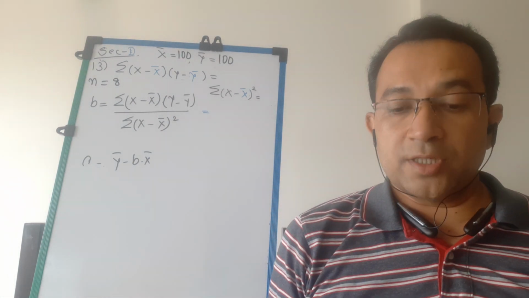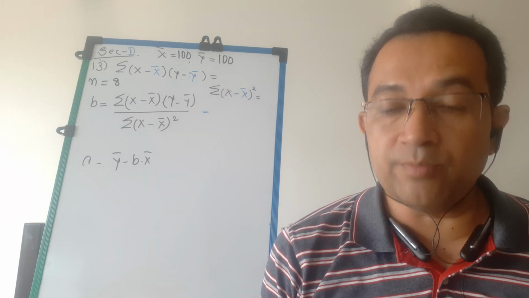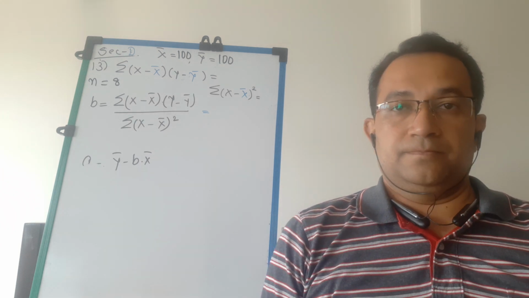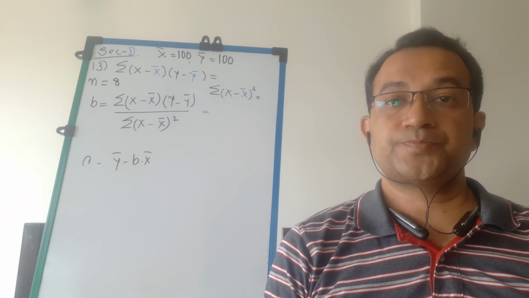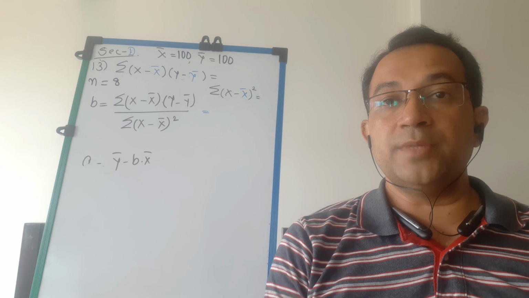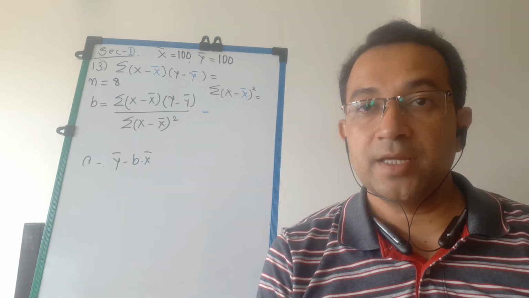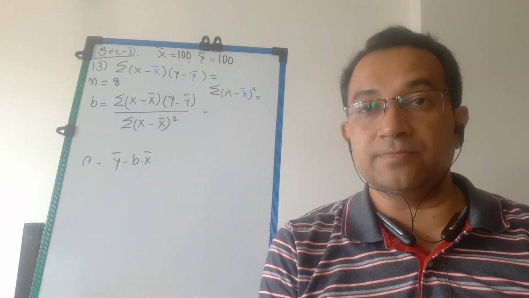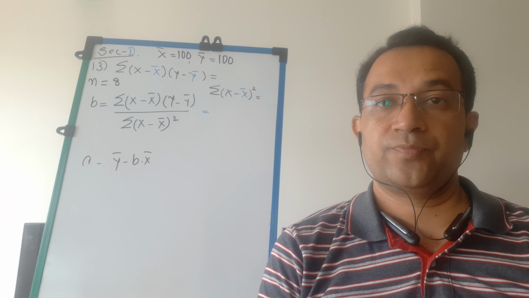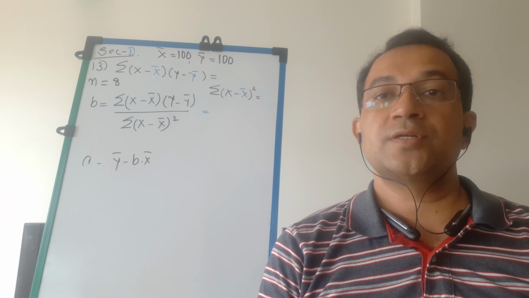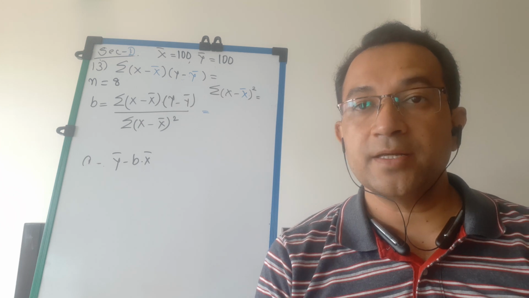The next important thing, sum of squares of deviations taken from mean. Deviation from mean x bar for observation x is x minus x bar. Square and sum, it means sigma (x minus x bar) whole square. Deviation of observation from mean y bar for y is y minus y bar.